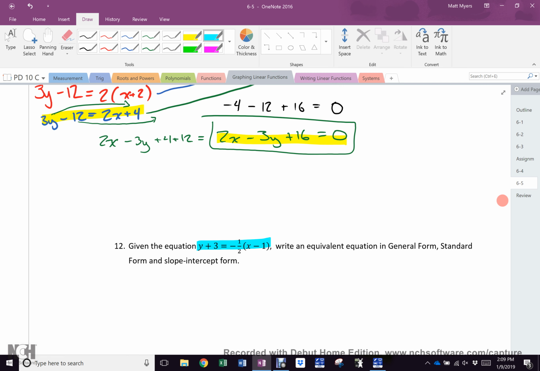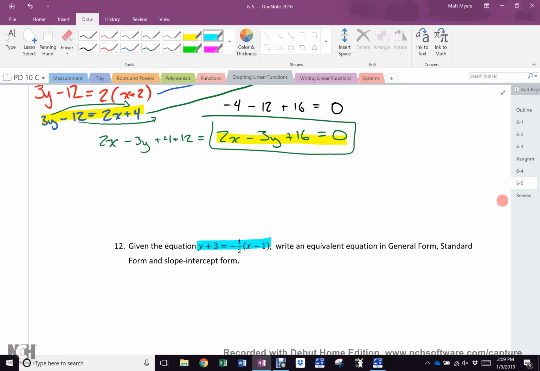But if you'd like a recommendation, always go to general form first, because general form is the easiest to manipulate elsewhere.